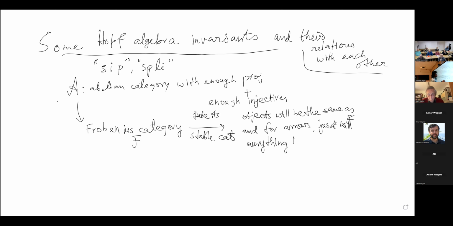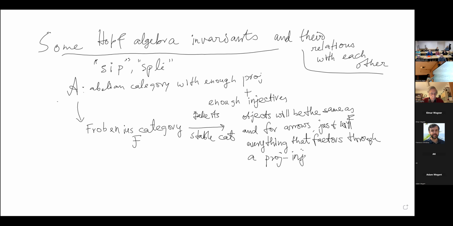Everything that factors through a projective injective.